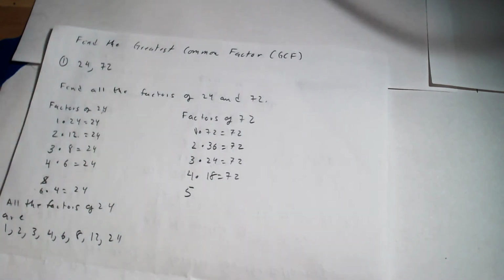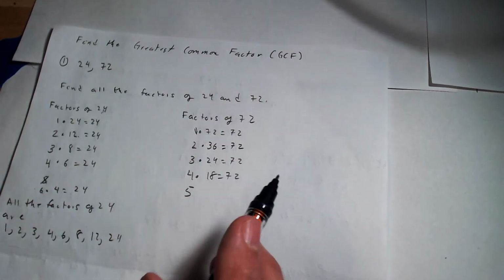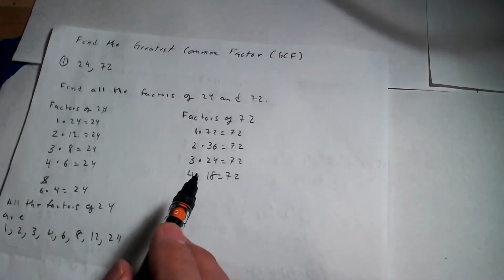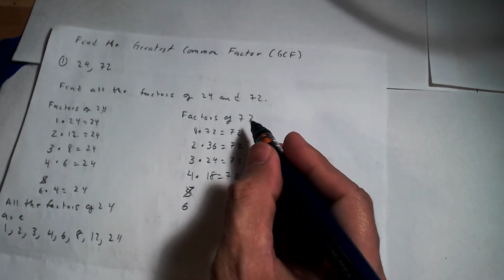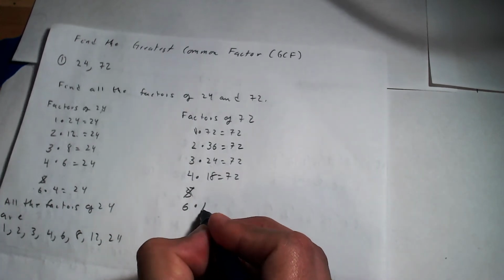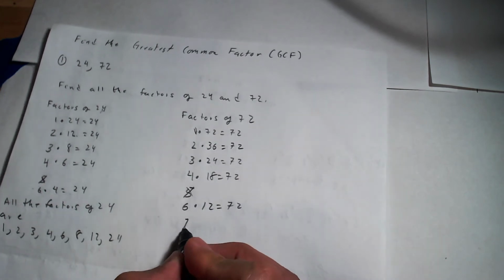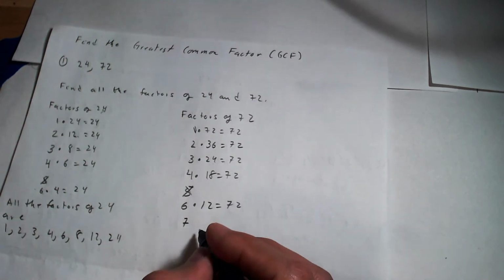If you divide 72 by 5, you get 14.4. We're only interested in whole numbers, so 5 doesn't work here. 72 divided by 6 is 12. If you divide 72 by 7, you get 10.2.